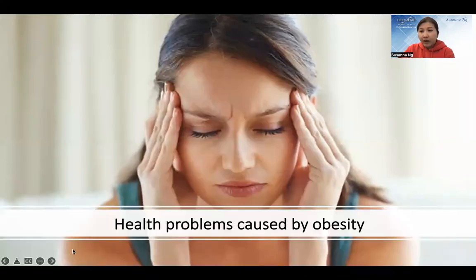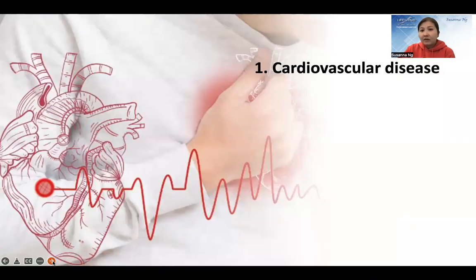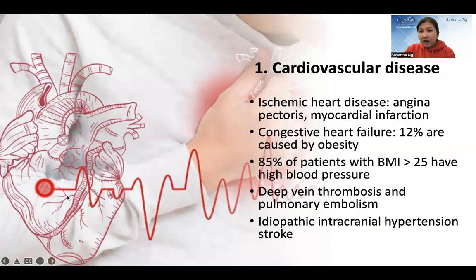So we also have health problems caused by obesity. Like cardiovascular disease, this is a heart disease type. So we can find that our health issues also will make us become obese, and also a lot of heart disease is caused by too many fats in our body, and also thrombosis and pulmonary embolism are affected.